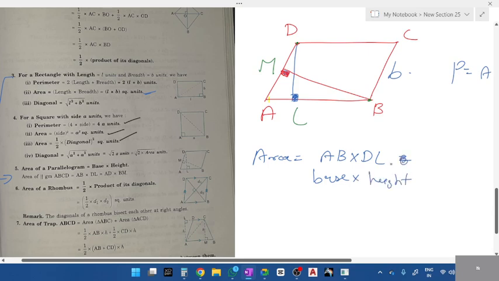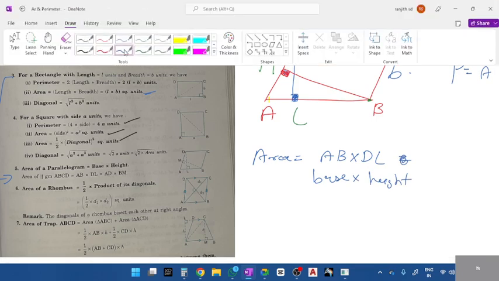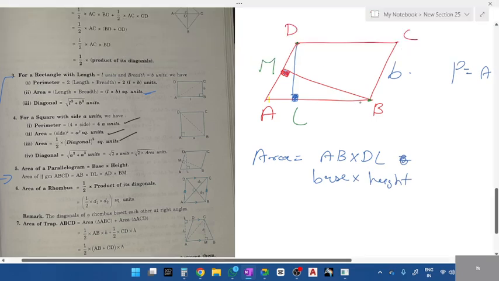Like this, what's the other one we have? BM is the other height, right? And BM is touching which base? AD. BM is another height, touching AD.